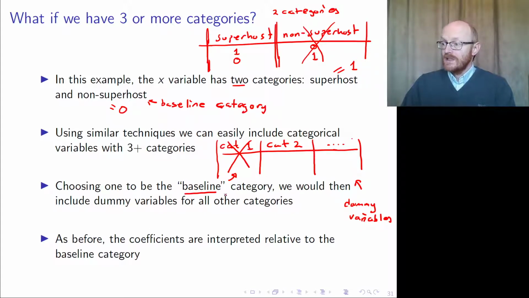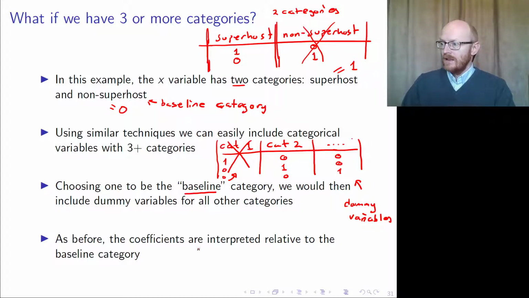Which means that category 1 has been chosen to be the baseline category, and then we include a dummy variable for all the other categories. Maybe this was 1 and then 0, 0. This was 0, then 1, and then 0. And this was 0, 0, 1, and so on.